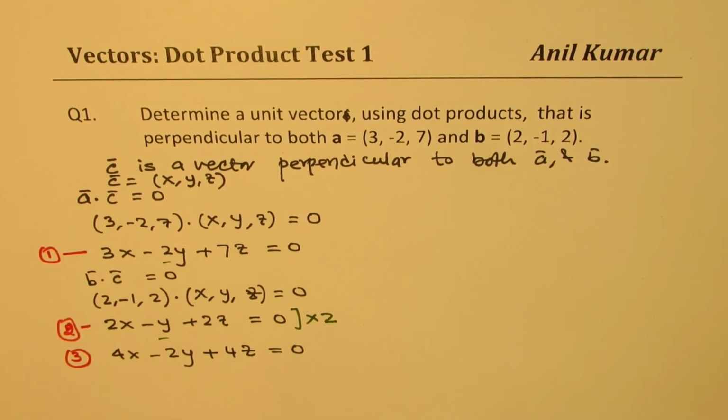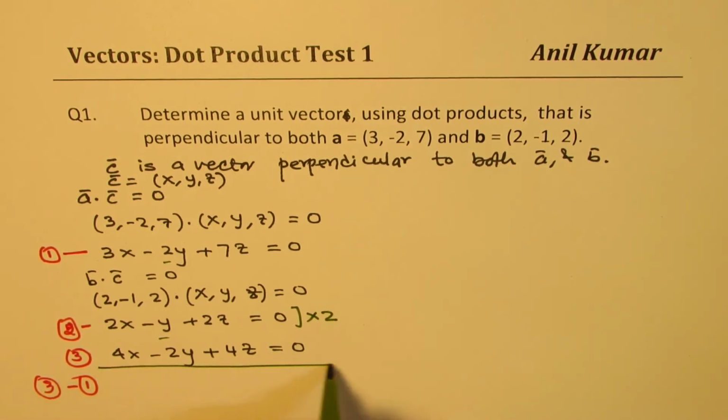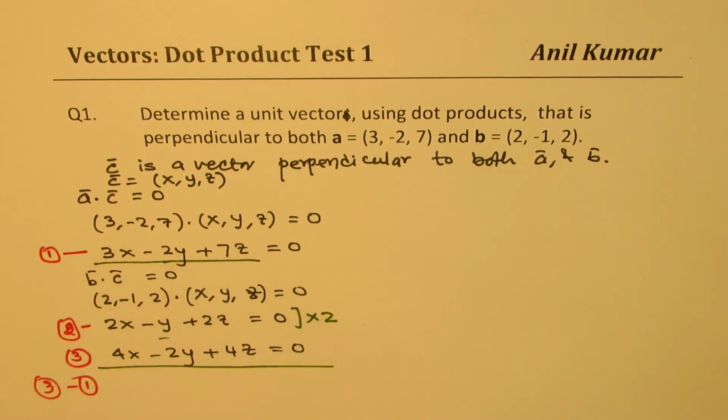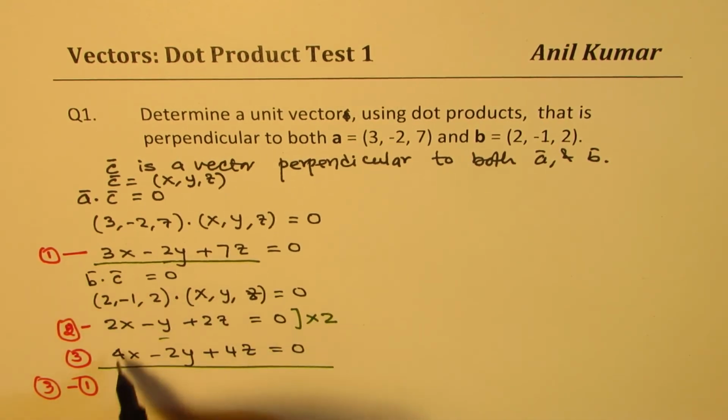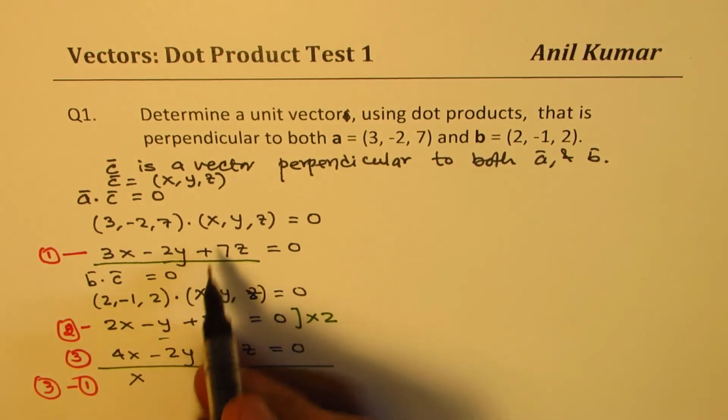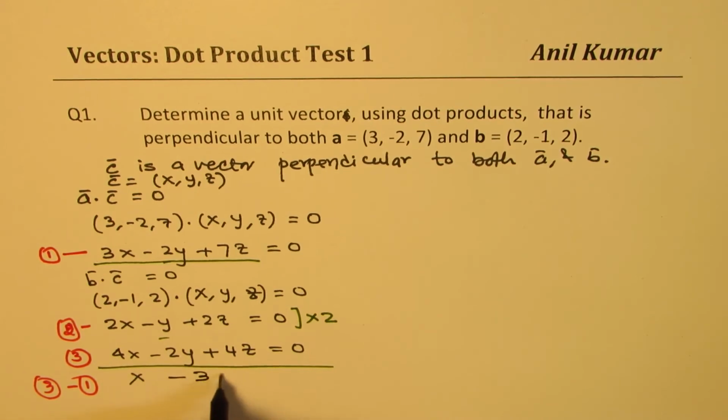Now, if I do equation 3 minus equation 1, what do I get? From 3, I am taking away equation 1, so we get 4 minus 3 as x, minus 2y is 0, and this minus that gives me minus 3z equals 0. That is to say that x is equal to 3 times z.